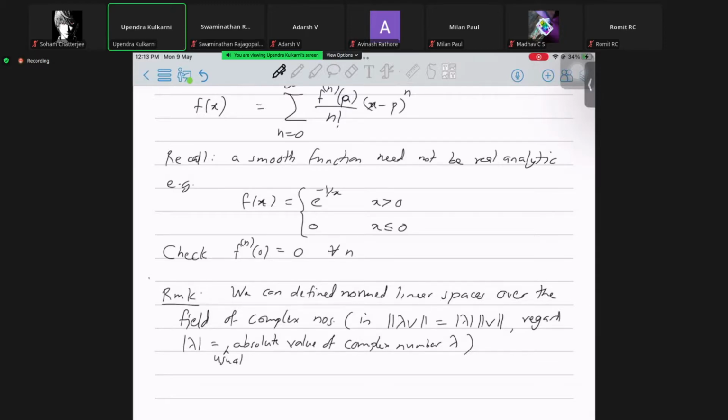In other words, this equality that I have written holds for all complex numbers lambda. And suppose I define the corresponding topology, right? By taking balls. Will I get any different topologies this way? No, I think our proof of equivalence of norms holds for any finite dimensional normed linear space.